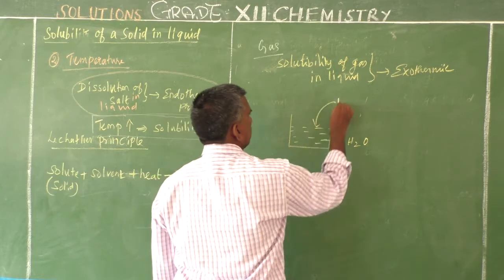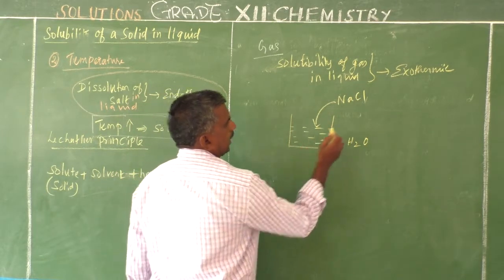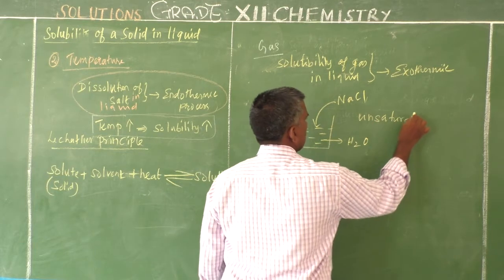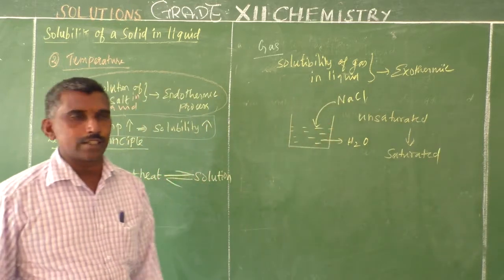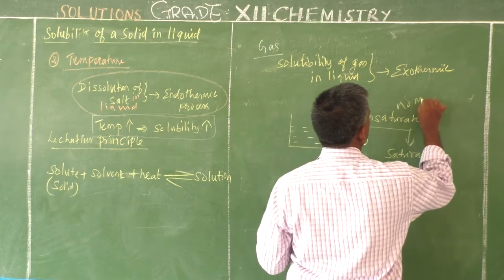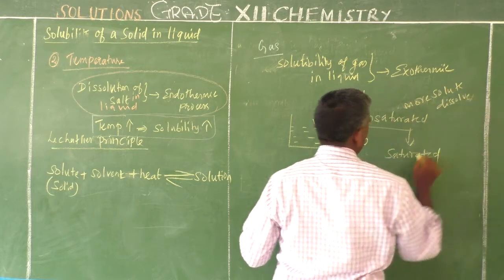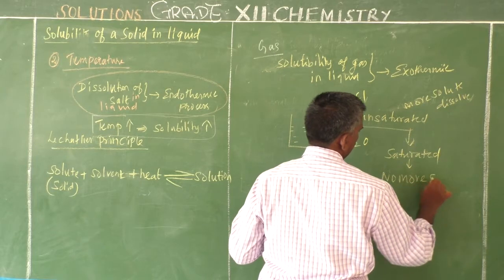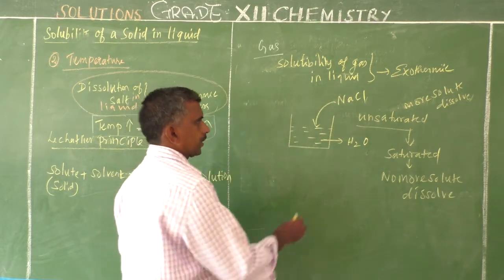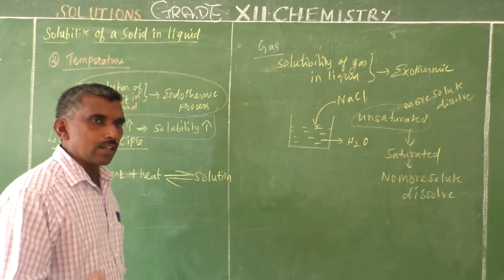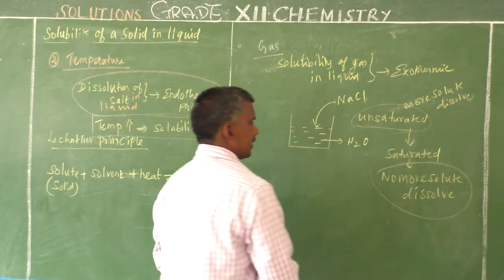You add sodium chloride continuously. First the condition is unsaturated, where more solute dissolves. Then you attain the saturated condition, where no more solute dissolves.